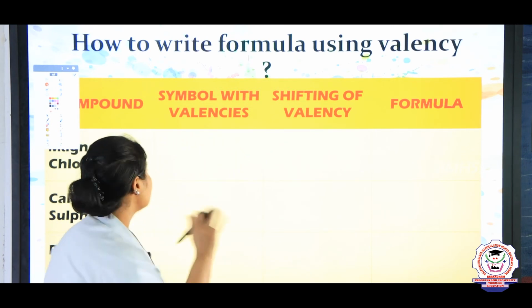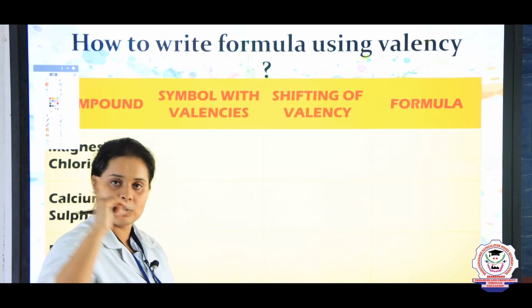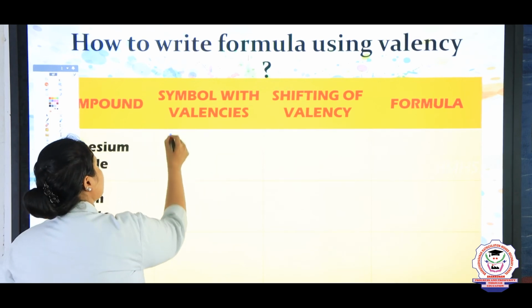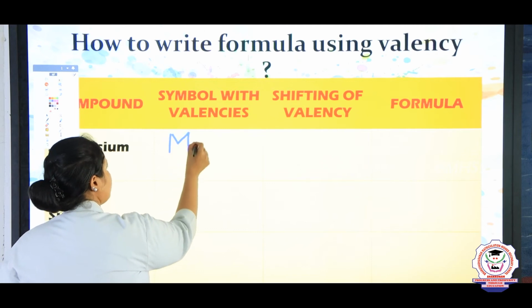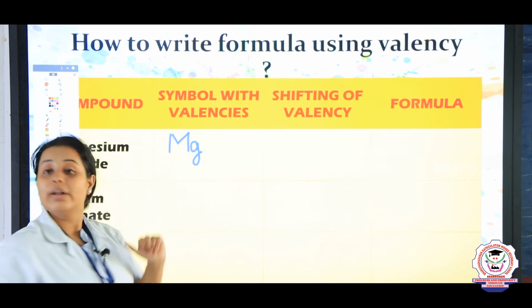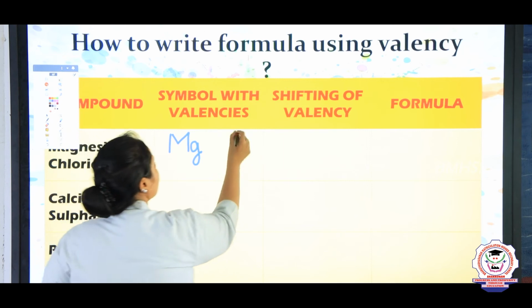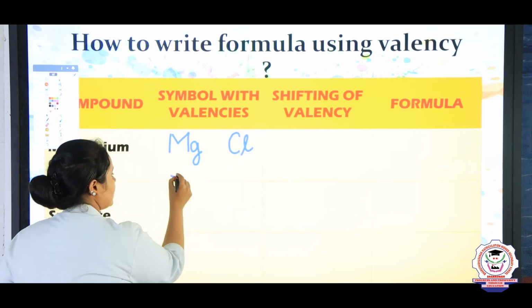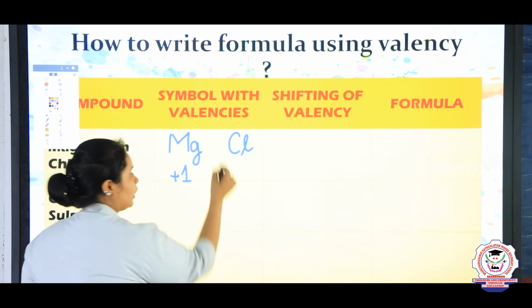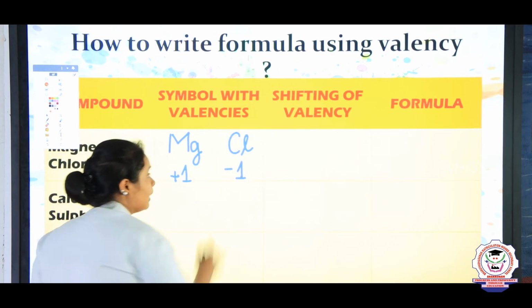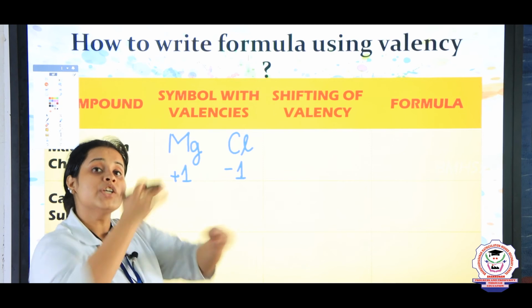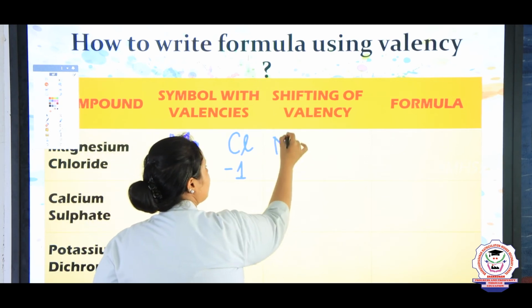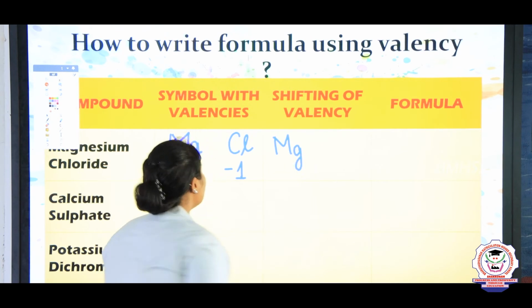Children, magnesium is written with a charge of plus 1. You can first write the symbols: Mg, then chloride is written as Cl, and the charge for magnesium is plus 1, for chlorine is minus 1. Now we write and shift the valency. When we are shifting the valency, we do not consider the charges.